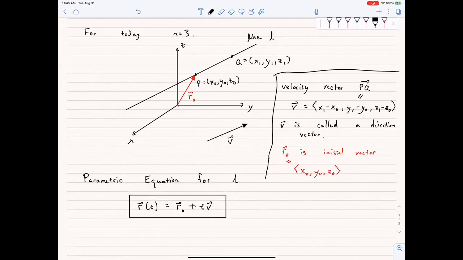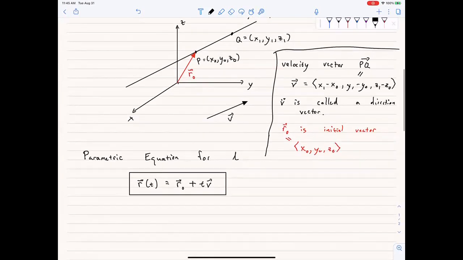Now you can, of course, write this out as x equals, okay, so if we want, we can write this out as three functions, three parametric functions, each of them giving us the coordinate of where we are at time t on that particular line.